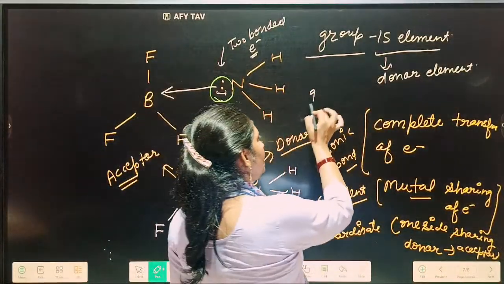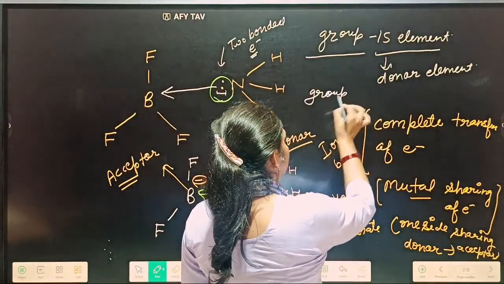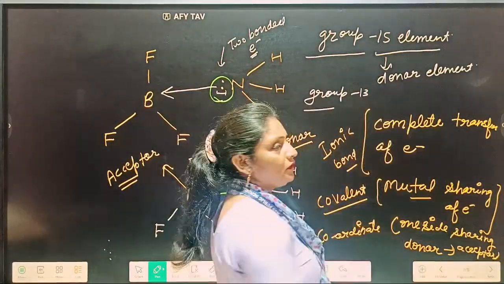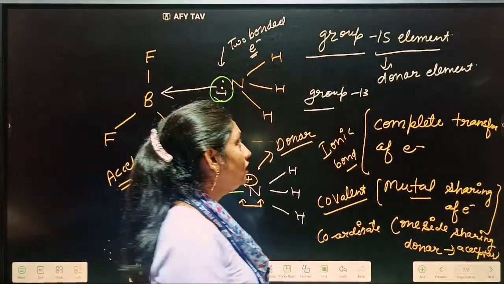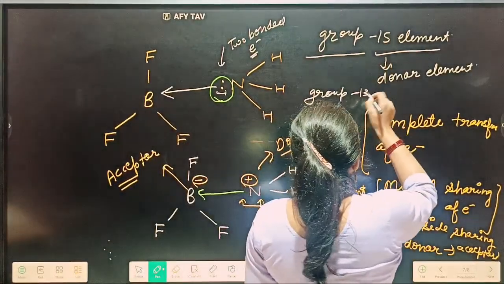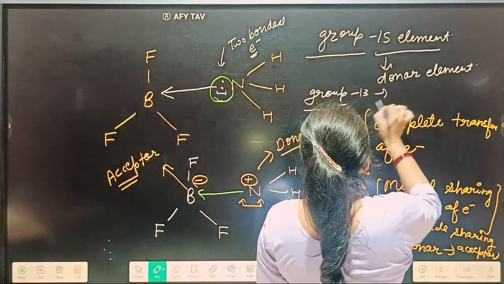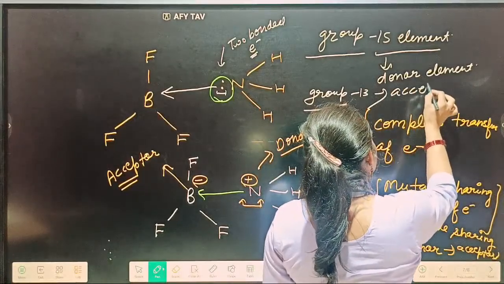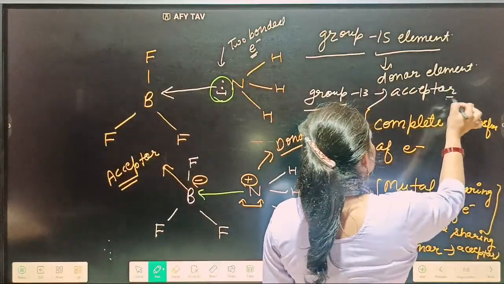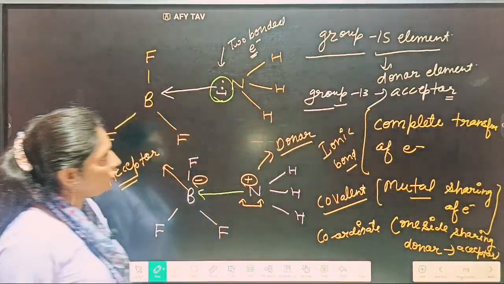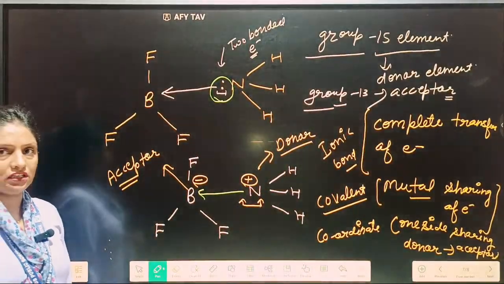Group number 13 elements, the boron family, and group number 15 elements, known as the nitrogen family. Here, group 13 elements behave like acceptors in the case of a coordinate bond. I hope these types of bonds are clear to you.